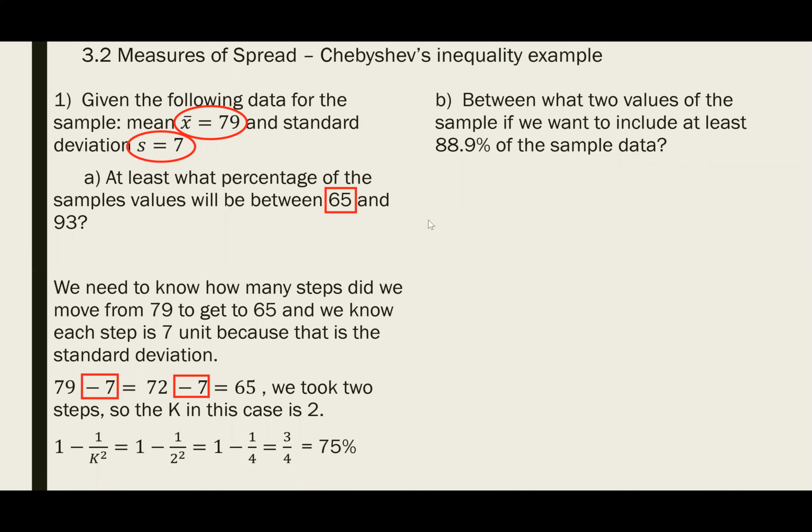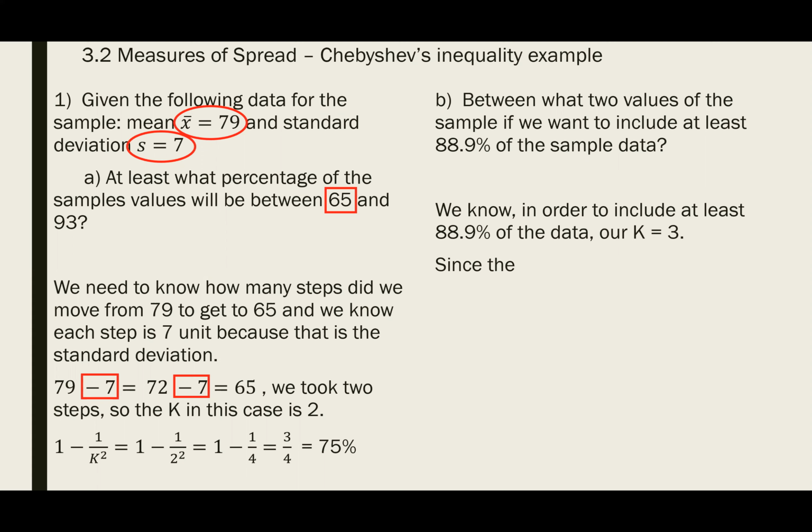Well, your K for 88.9 is 3, right? So we can plug into the same formula that we had before, to find the lower limit.